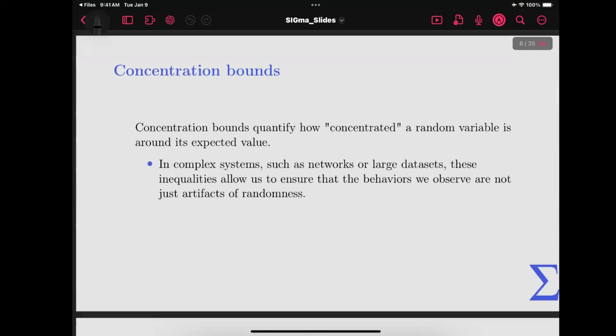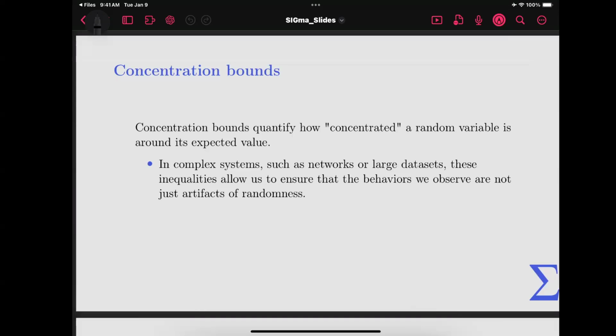Why do I feel the concentration bound is really useful? In a complex system, like when you're dealing with machine learning, statistics, or any probabilistic method, you want to guarantee that the expected value, which is another word for the behavior we might expect to see, is reliable.